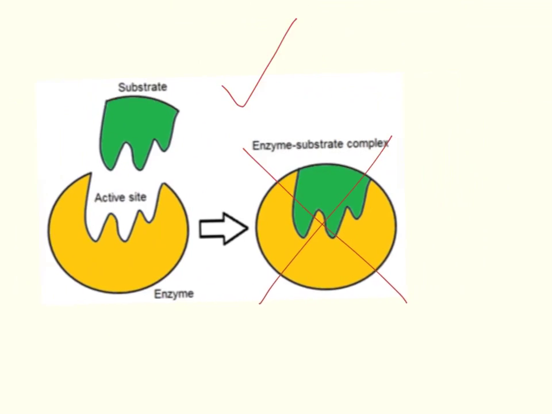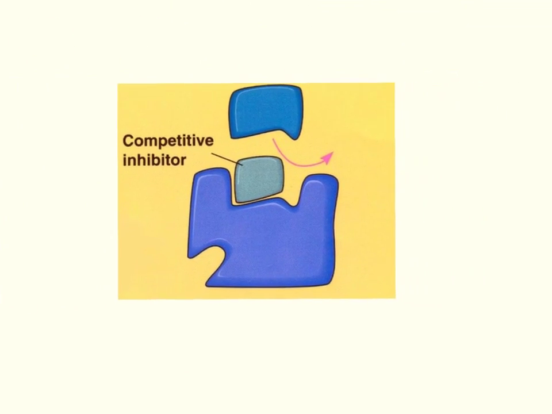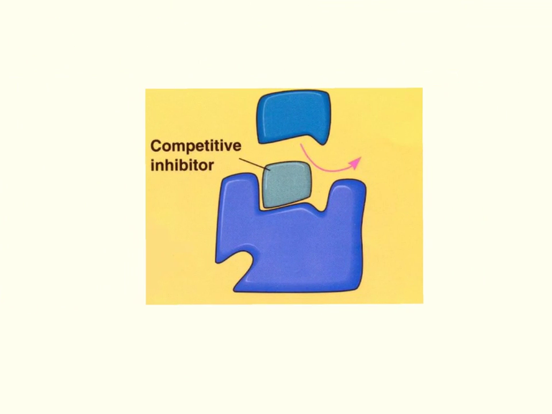Alright, second example. Staying with enzymes, we have the competitive inhibitor, the enzyme's worst enemy. The reason why a competitive inhibitor, here it is here, is so effective is because here's our enzyme's active site, here's the normal substrate.